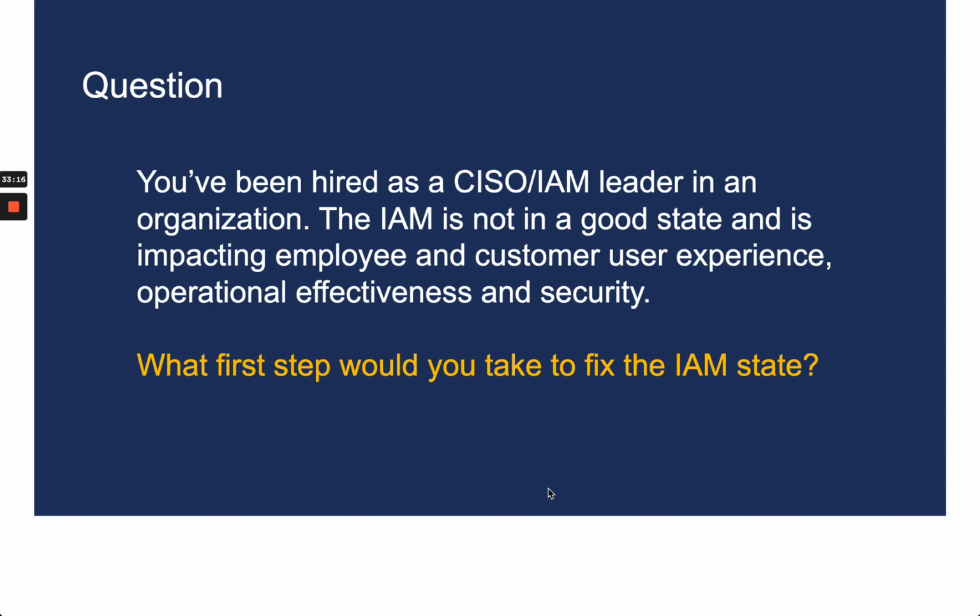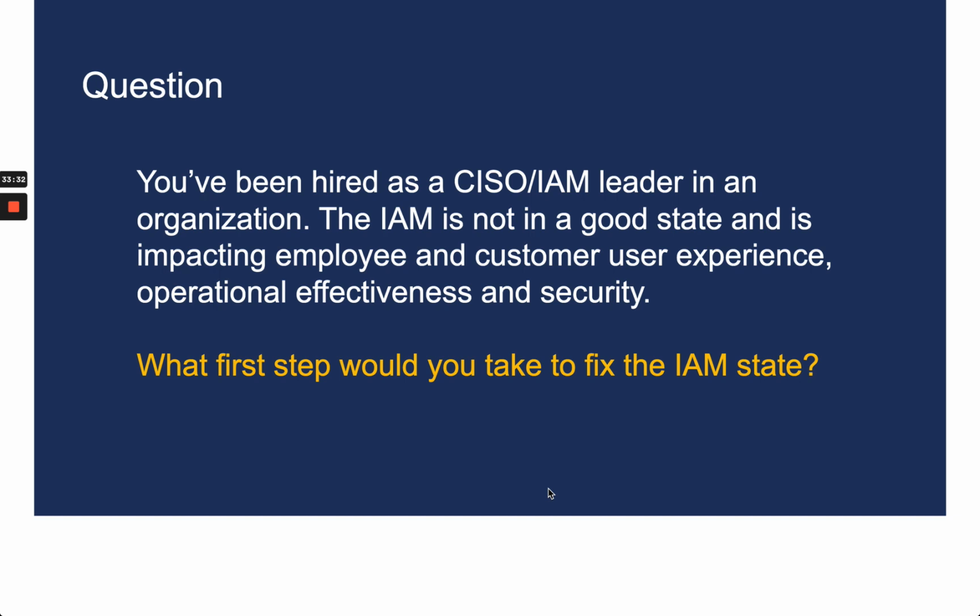So whoever is saying assessment, current state assessment, that is so, so important. And all your other answers can fit into that current state assessment, where you're saying understand what the business wants, what the business requirement is.